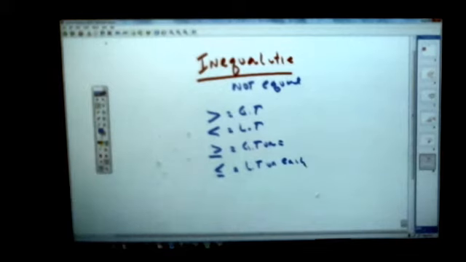In addition to those, they'll give you story problems, and you kind of have to read into them a little bit.